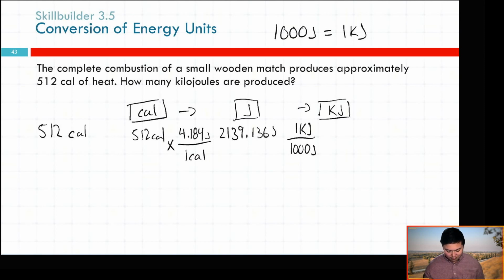No, I got 2142.208. I somehow hit 187 or 178 instead of 184. 512 times 4.184. Okay. Should be good now. Yeah, there we go. Yep, that's what I got. Sorry about that.